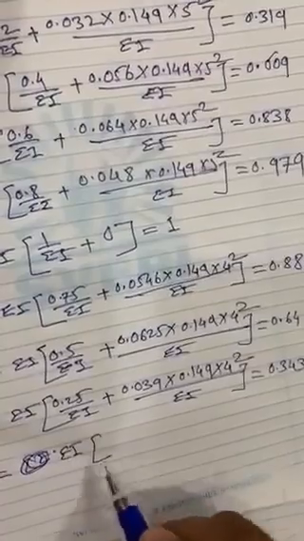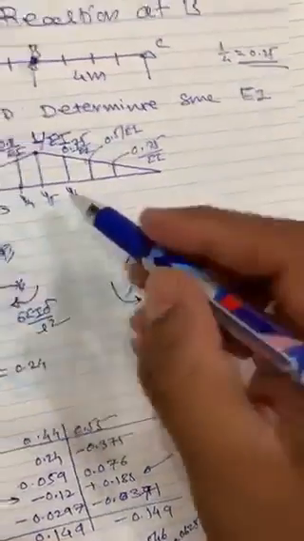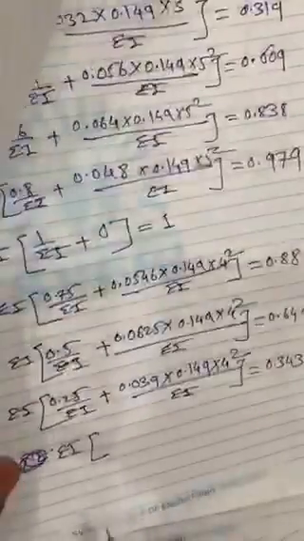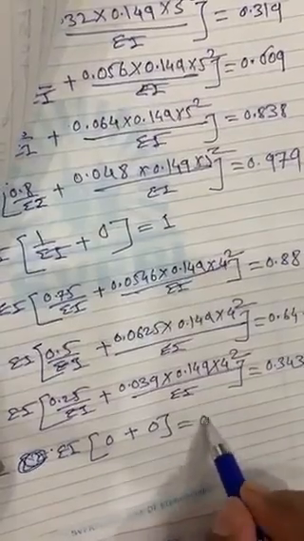And the last value, Y9: EI in bracket, the determinate value for Y7, Y8 and Y9 is 0, plus the k value is 0, and that's why this is 0.